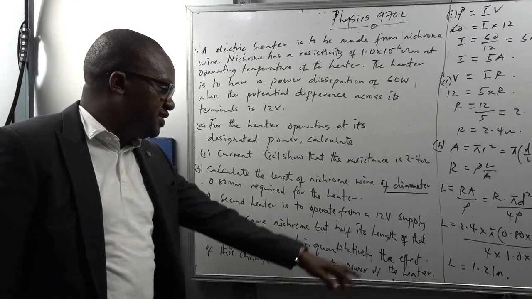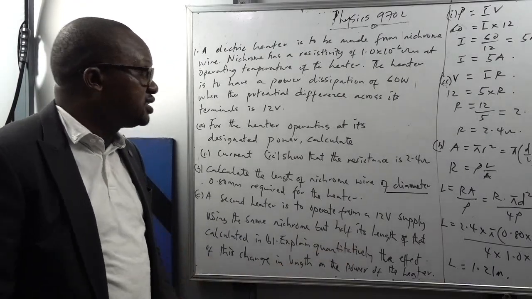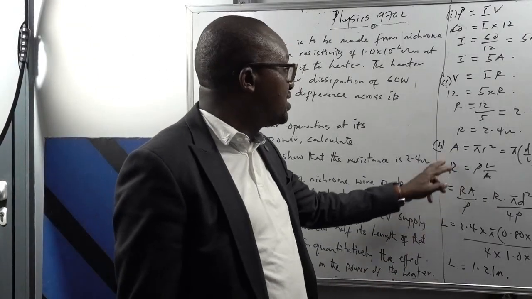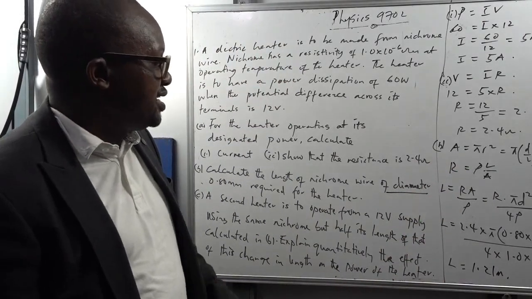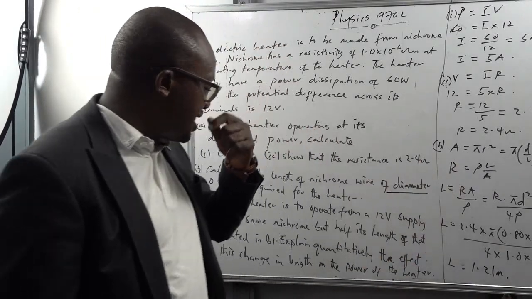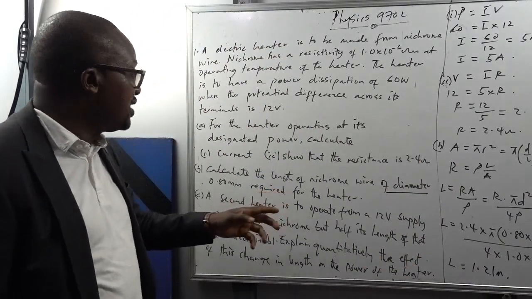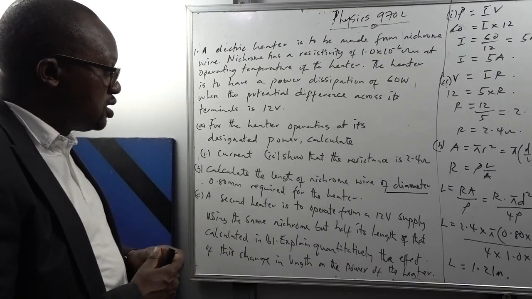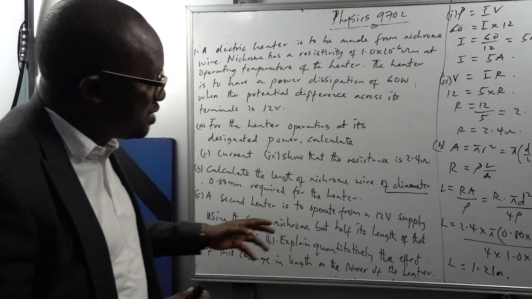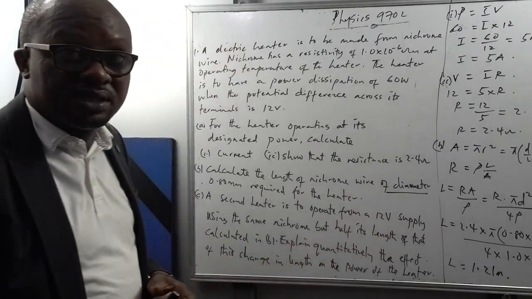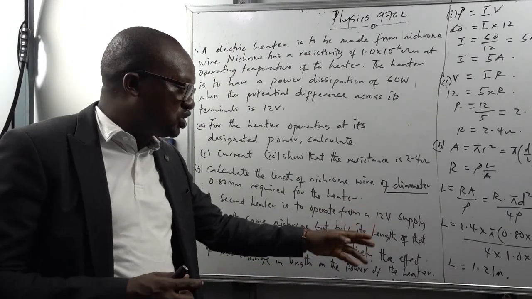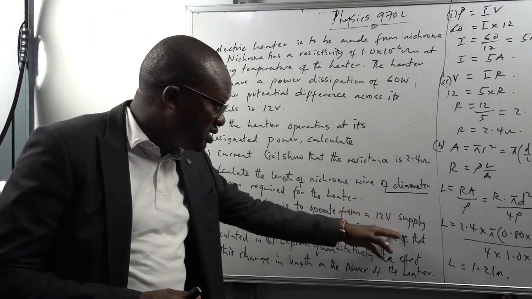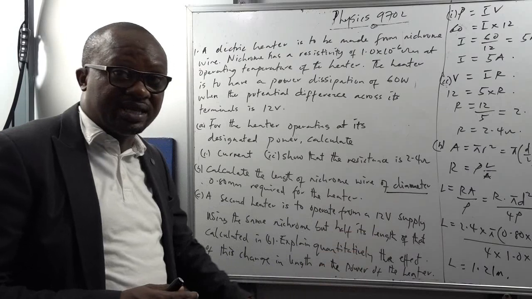We know that if the length of the wire is changed, the first property it is going to affect is the resistance of the heater. Then the resistance of the heater will then affect the power of the heater. So in order to explain this, we need to understand that the voltage of the power supply is constant.